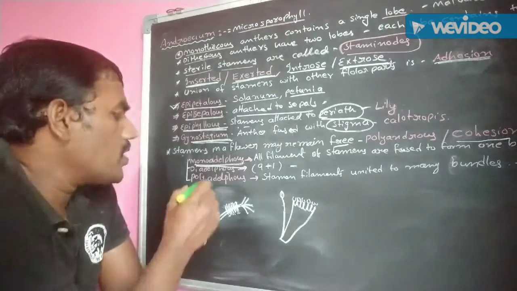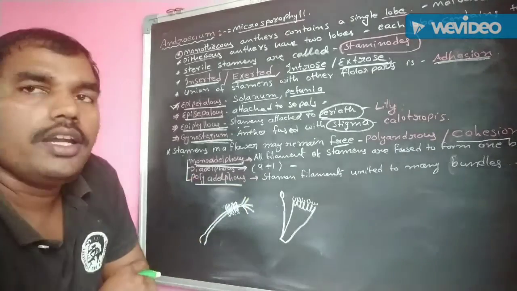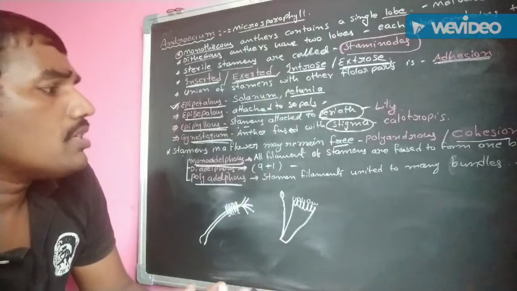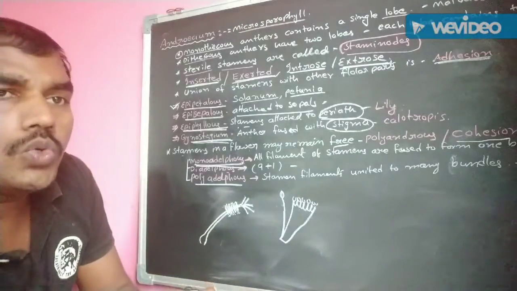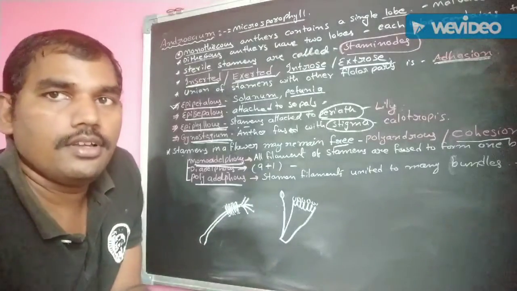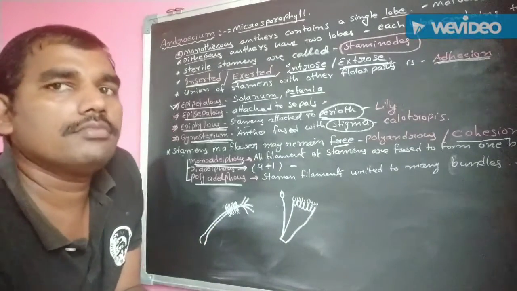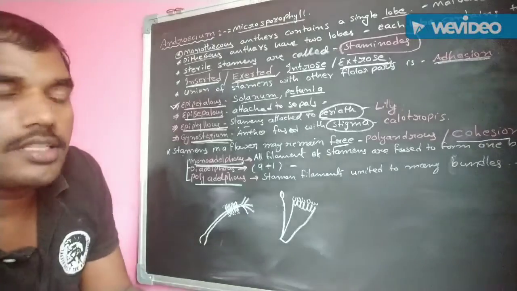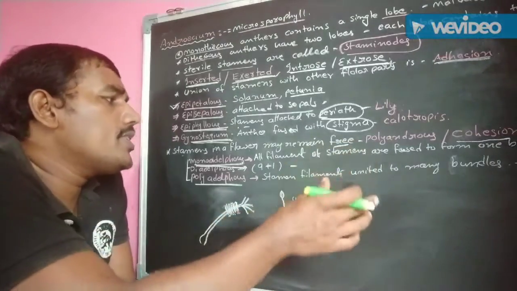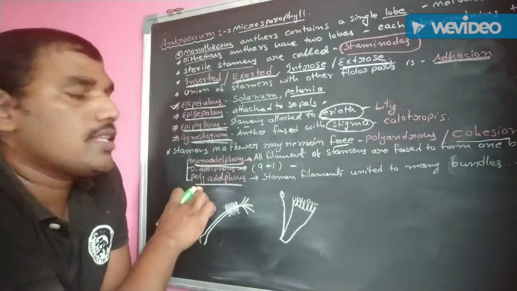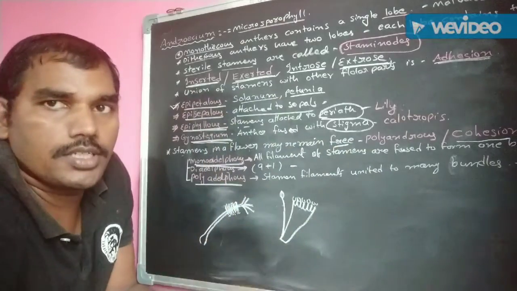In polydelphous stamens, filaments are united into many bundles, not one, not two, more than 3. Okay, many bundles. This type of cohesion of stamens is known as polydelphous stamens.